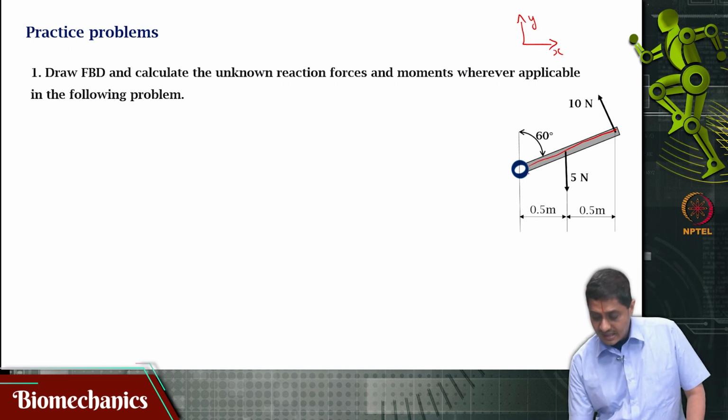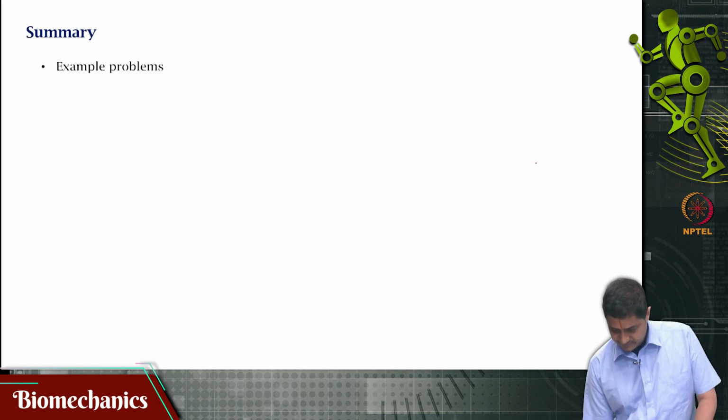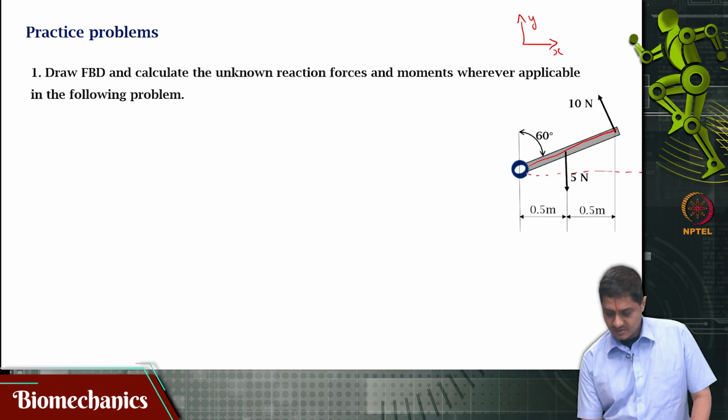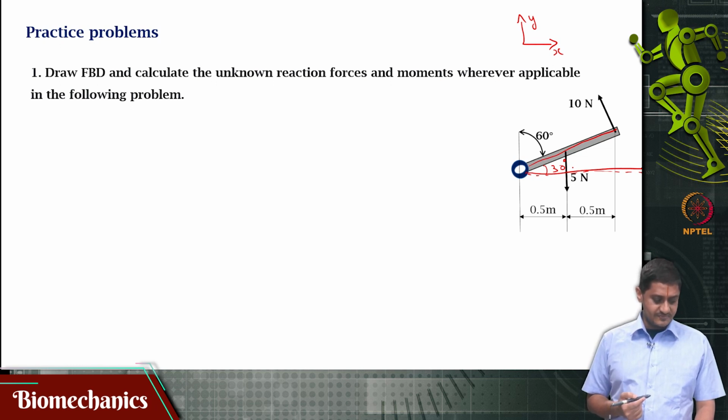Because the bar itself is inclined at an angle of 30 degrees to the horizontal. Or it is 60 degrees from the vertical. Because of this reason, the 10 Newton force applied on this bar will have two components, one in the x axis and one along the y axis.